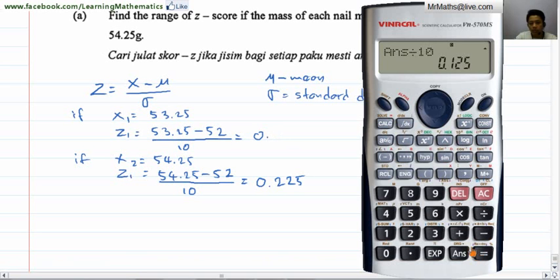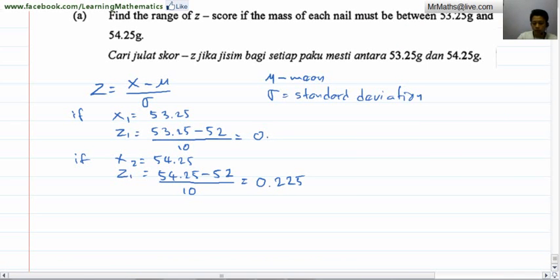Because I got a bigger number, there was something wrong there. 0.125. Then the range of z-score is between 0.125 and 0.225.